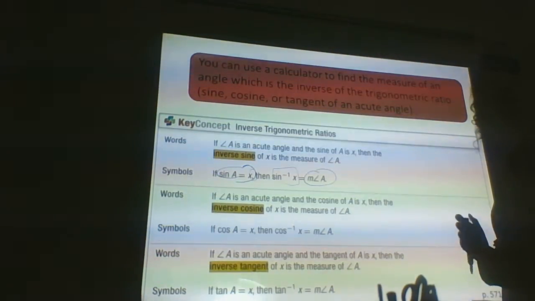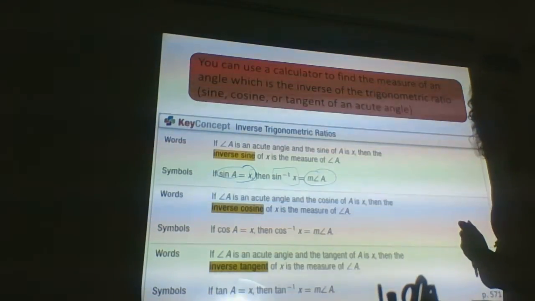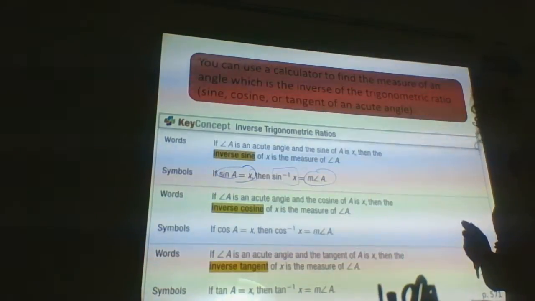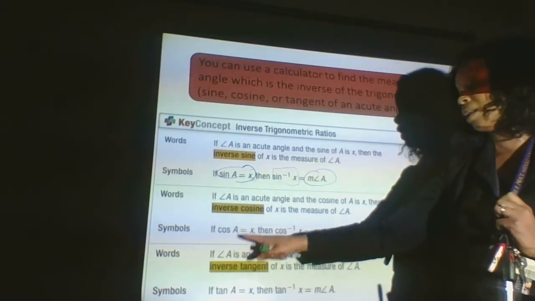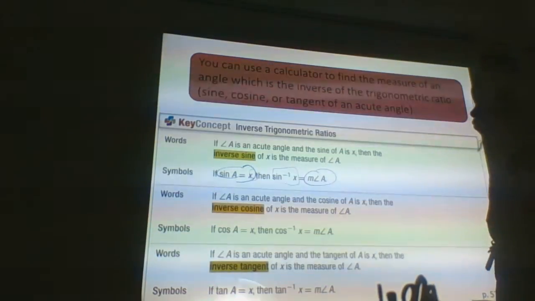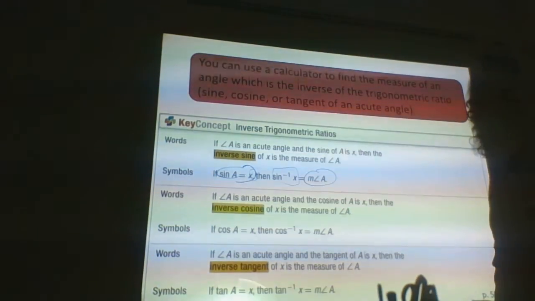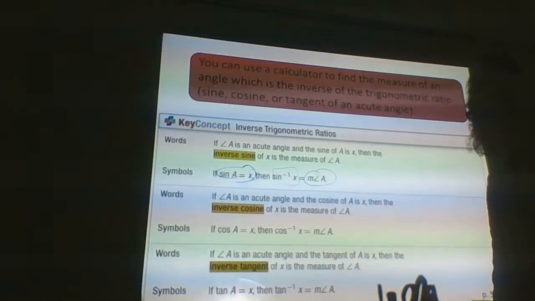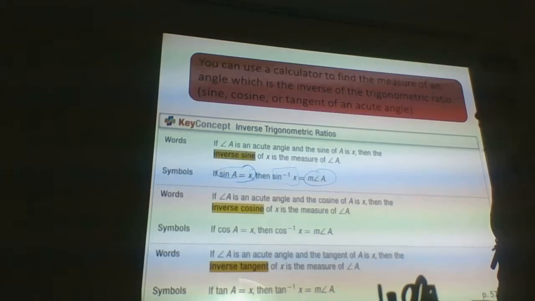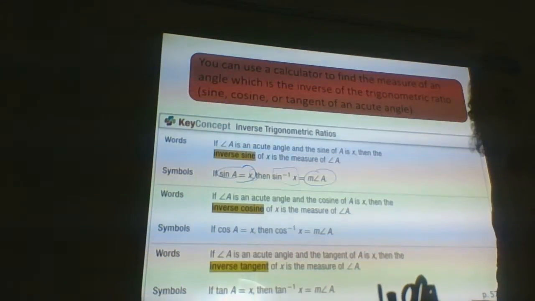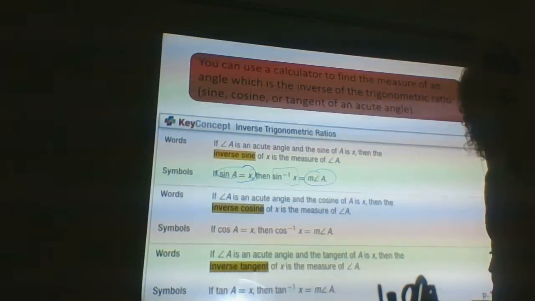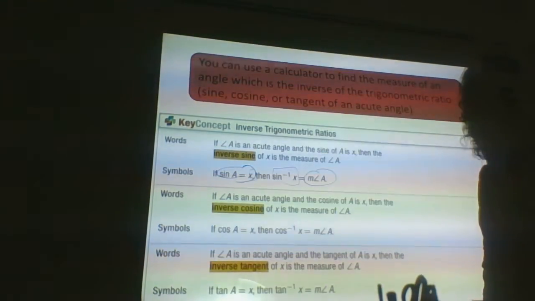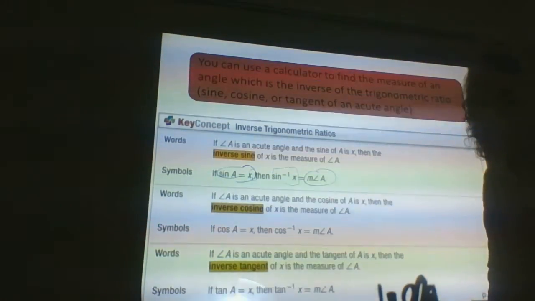It just applies the same way, so you're just going to put inverse cosine, inverse tangent, just for time's sake, okay? And again, you can find this in your book. Write it down. You ready to finish? Okay.